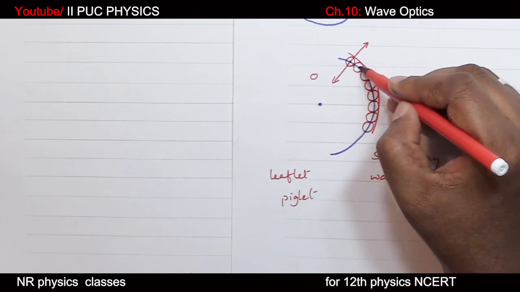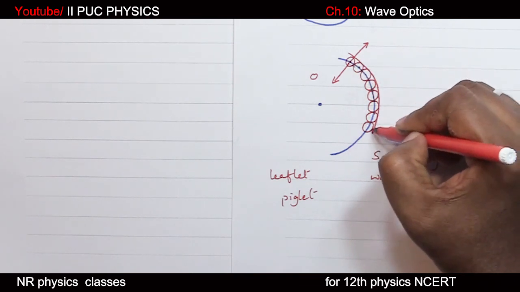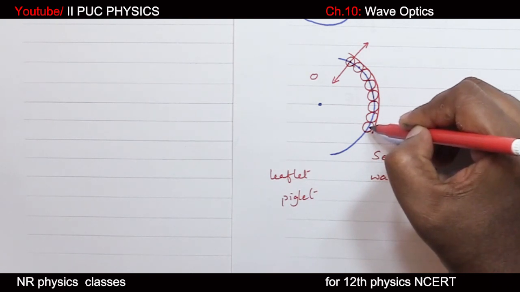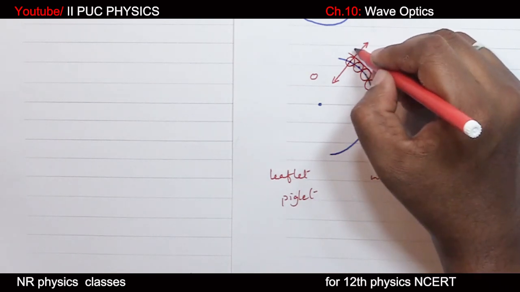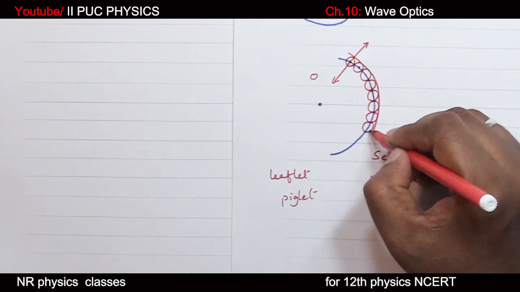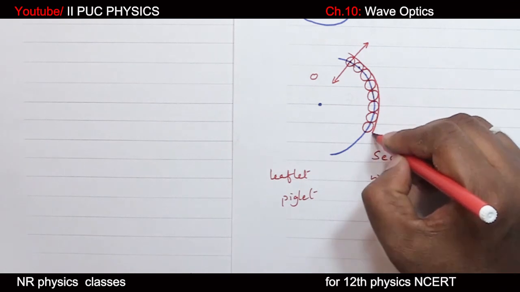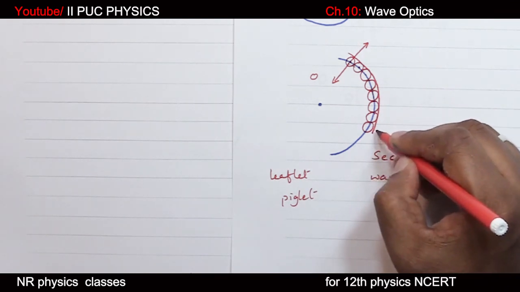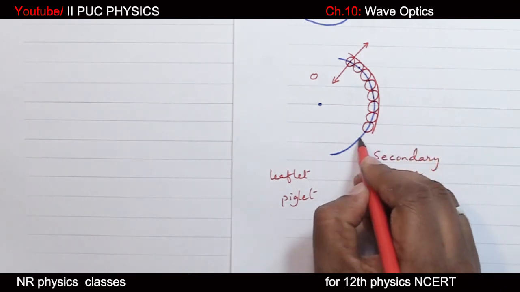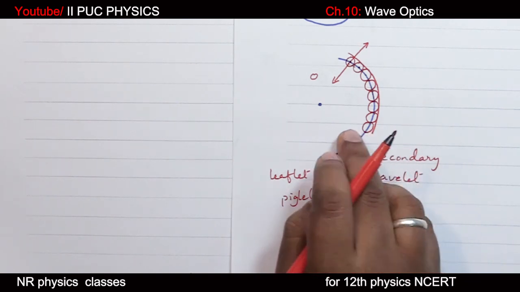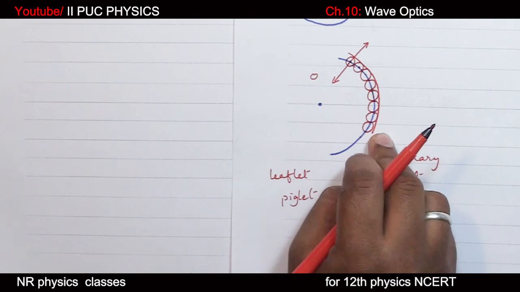These tiny wavefronts are referred to as secondary wavelets, and the common tangent to all these spheres gives the new position of the wavefront, that is this red, the new position of the wavefront at a later time. If this is the wavefront, after some time the new wavefront arises. So that is why the term later time.